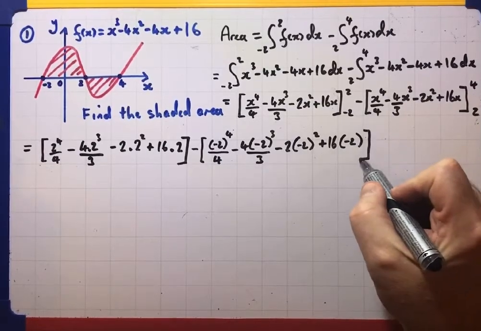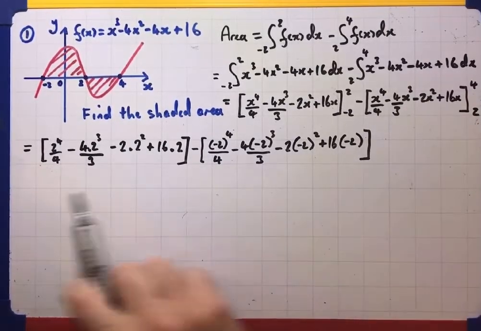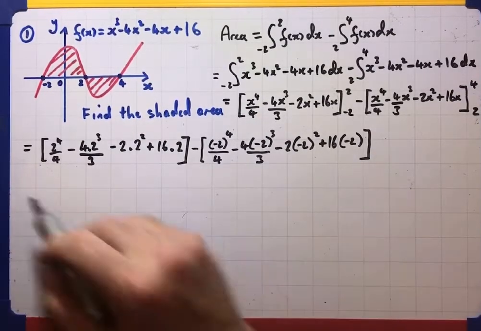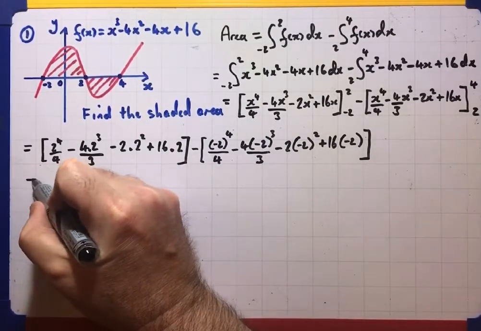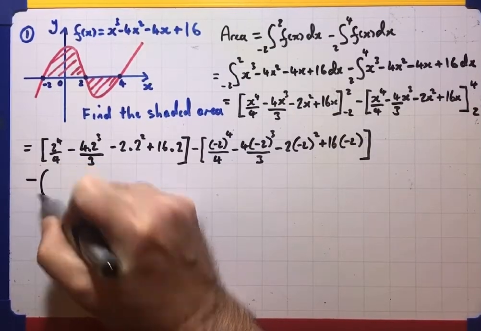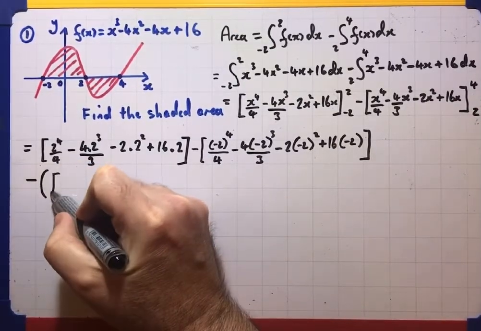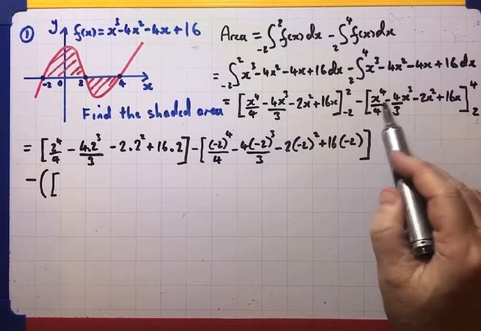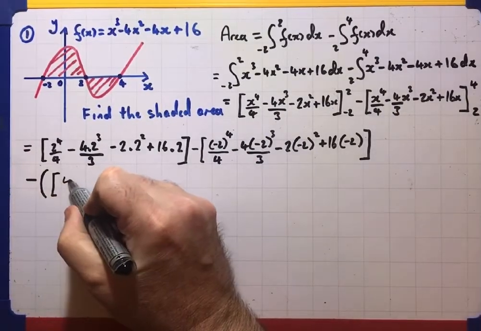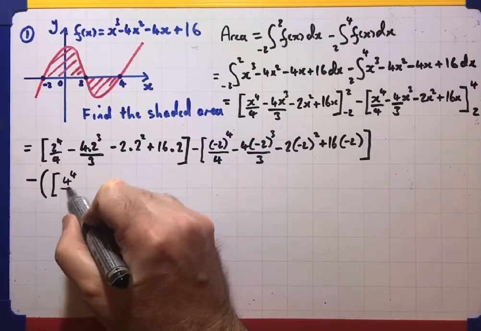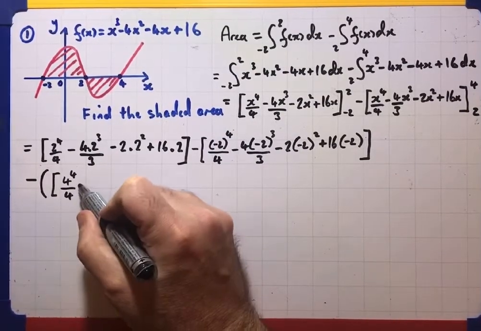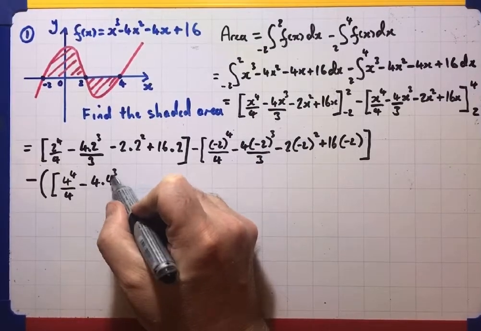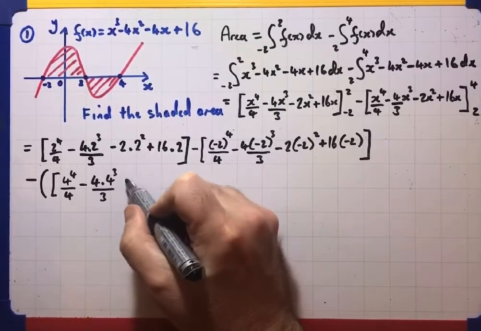Now, I'm going to put this bit on the next line, because again, it's going to take up a bit of space. So it's minus. Now I'm going to start this with a bracket like that, because I'm going to work out this bit here. So we put in the top limit first, which is 4. So it's 4 to the power 4 over 4. Take away 4 times 4 to the power 3 over 3.